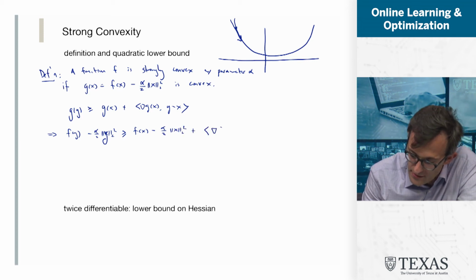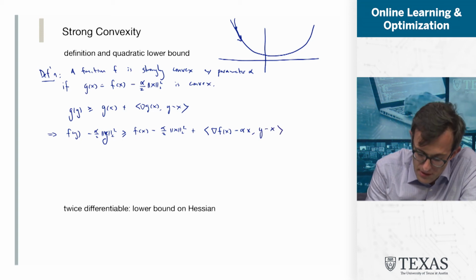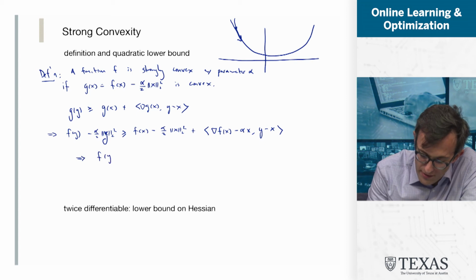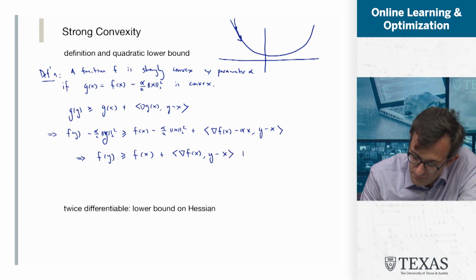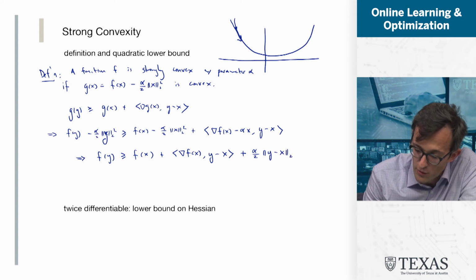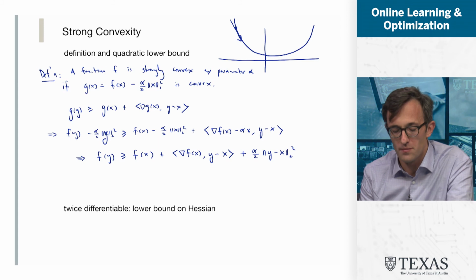What's that? That's the gradient of f minus alpha x, times y minus x. Rearranging terms, I find that f of y is greater than or equal to f of x plus the gradient of f of x times y minus x plus alpha over 2 times y minus x squared. You need to do a little bit of rearranging and group the quadratic terms to see this relationship.